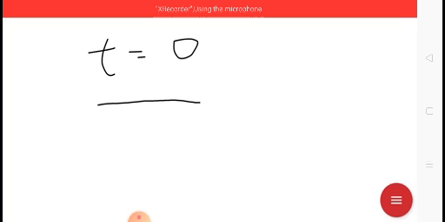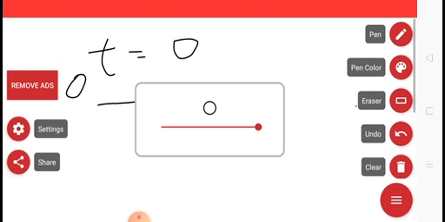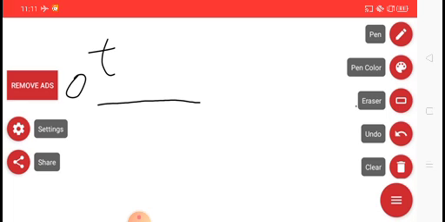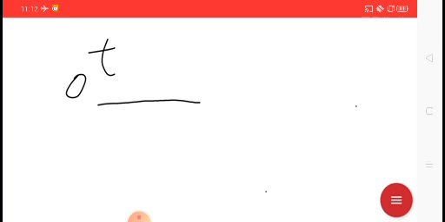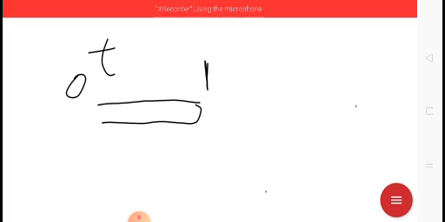At t equals 1 is the turning point, so it turns back, and at t equal to 3 it returns to the original position, and t equal to 3 is also a turning point.